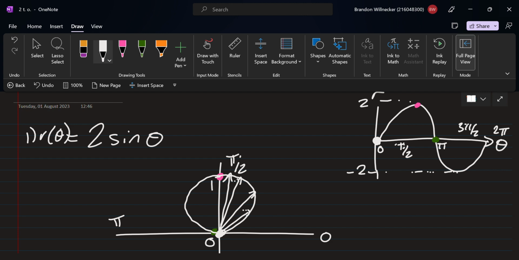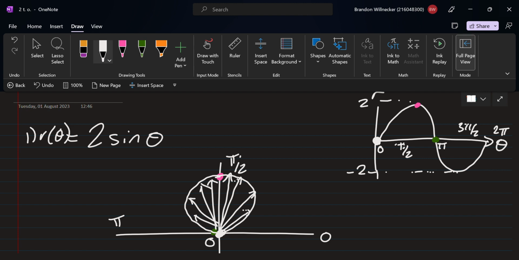If you look at this angle, as I go closer to pi, these arrows get smaller and smaller. Eventually, when we're fully at pi, the distance is 0, so we're back at the origin.